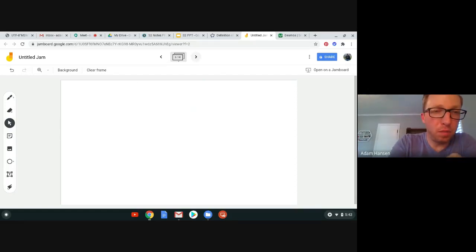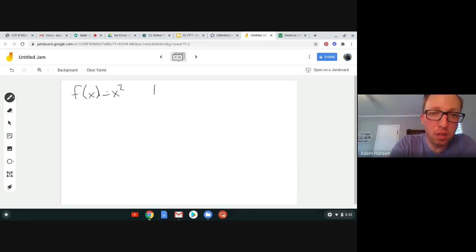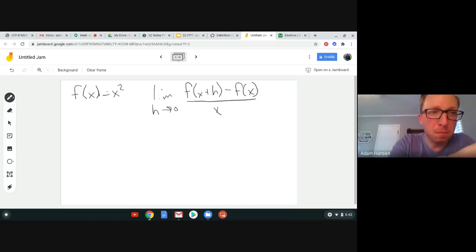All right, so we have f of x equal x squared, and I want to find the derivative. The derivative is given as the limit as h goes to 0 of f of x plus h minus f of x divided by h.